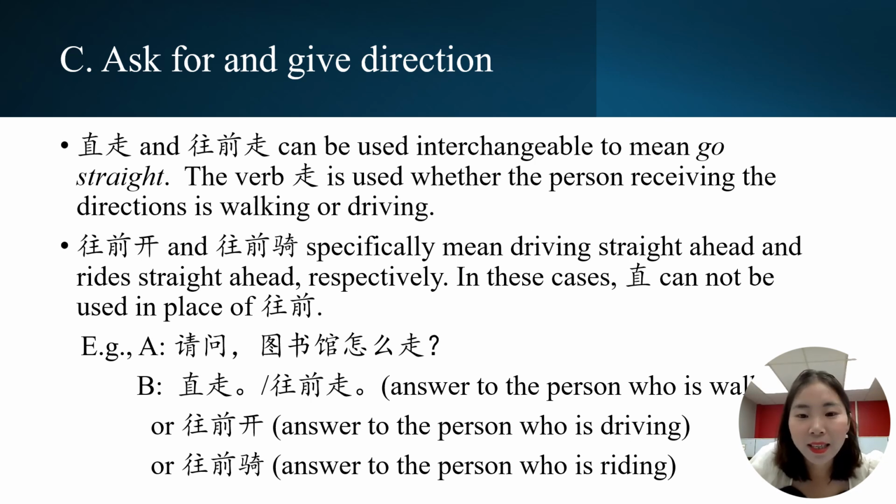In these cases, 直 can be used in place of 往前. For example, 请问图书馆怎么走? 直走, 往前走 answers the person who is walking there. Or 往前开 answers the person who is driving. 往前骑 answers the person who is riding.